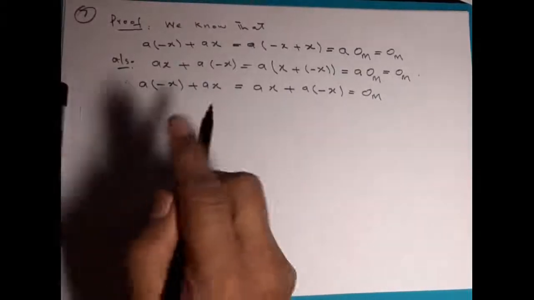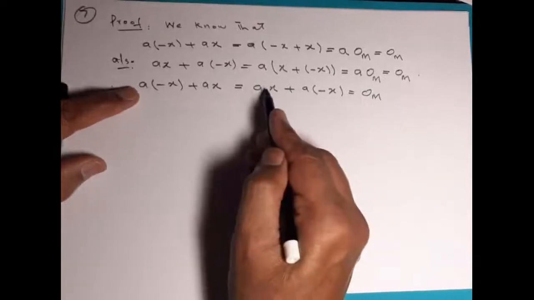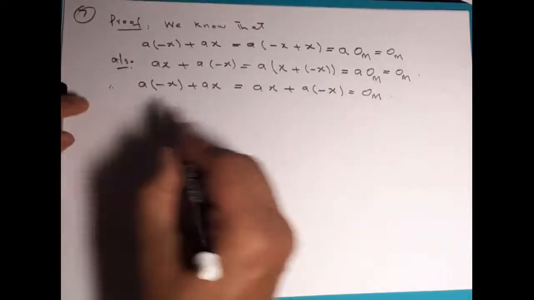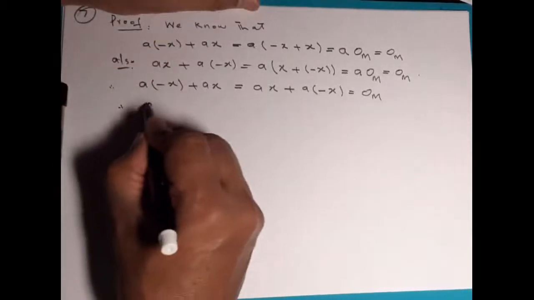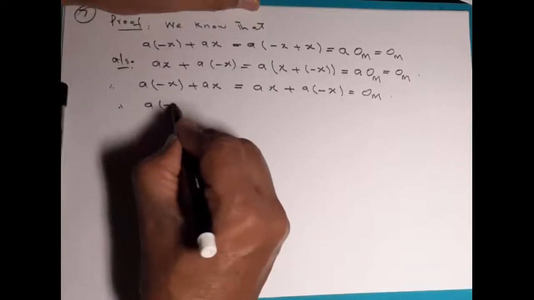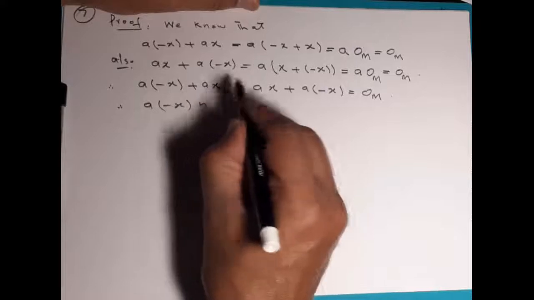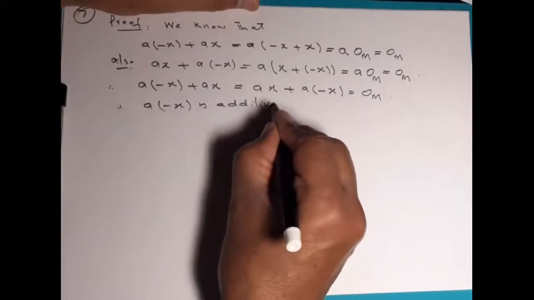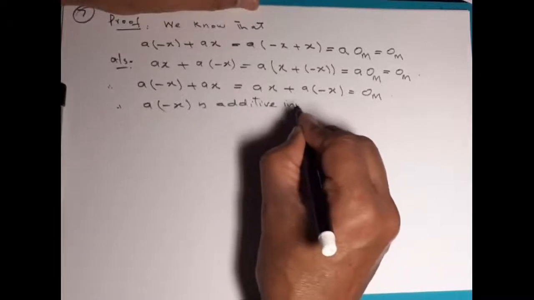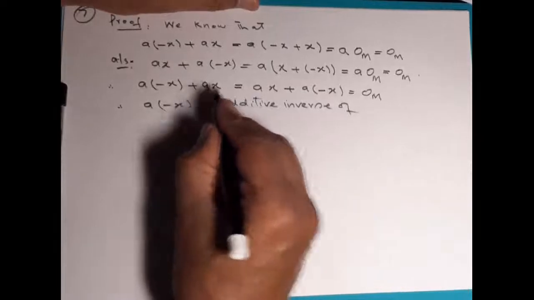So note that this element plus this element is equal to 0. Again, this element plus this element is equal to 0, and therefore A multiplied with minus x is the additive inverse of Ax.